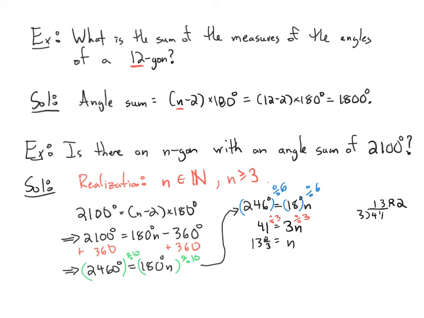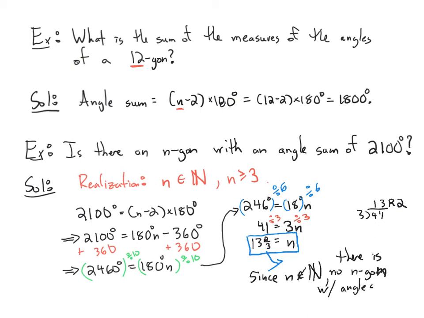But remember, we can't have a 13 and 2/3-gon. It doesn't make sense to have 2/3 of a side. So that means, since n isn't a natural number, there is no N-Gon with angle sum 2,100 degrees.